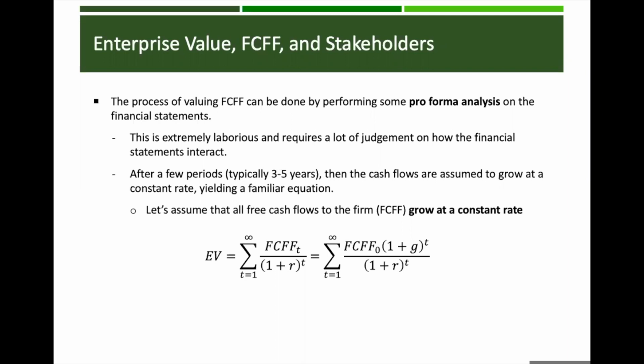Then after a few periods, typically most analysts, after 3, maybe 4, the more rigorous ones might go out to 5 years, they assume that cash flows, free cash flows to the firm, grow at a constant rate. And here we have that hopefully familiar by now equation.